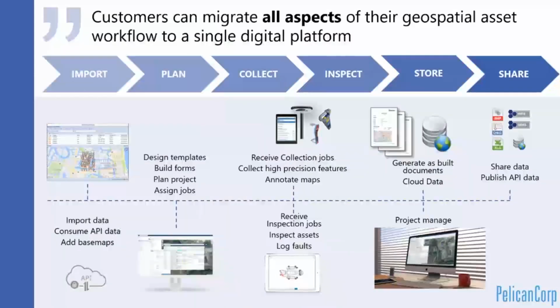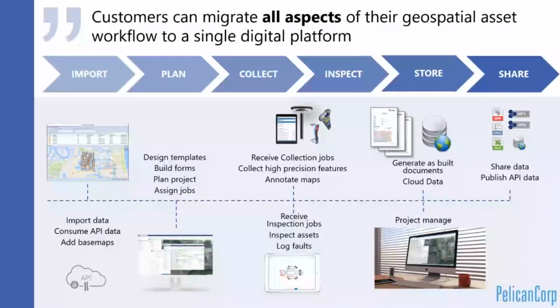In that sense, you can manage your end-to-end geospatial asset workflow within Geolantis360. Some of our customers might use just a few components of it. Others use a complete end-to-end platform. That's from importing existing organizational GIS data, to designing asset locations for projects, to sending it out to your work crews to either do physical collection of high precision data or doing inspections of assets in the field, capturing photos, and then loading that back into the software.